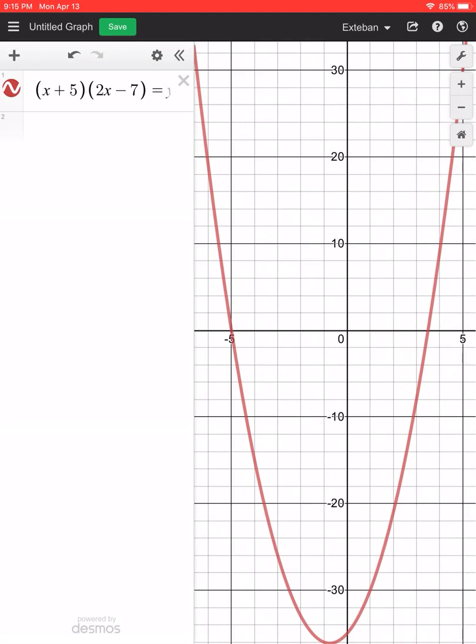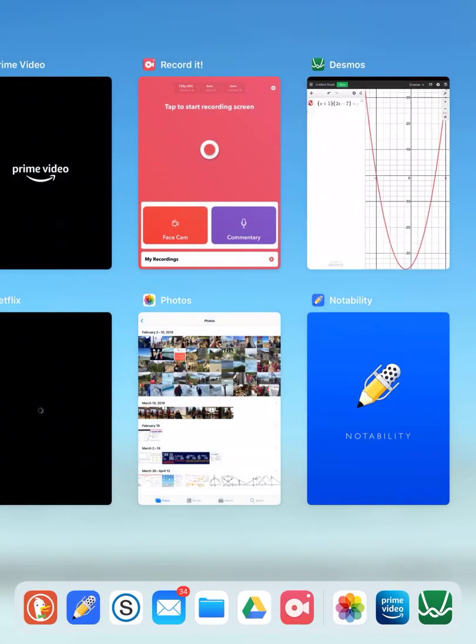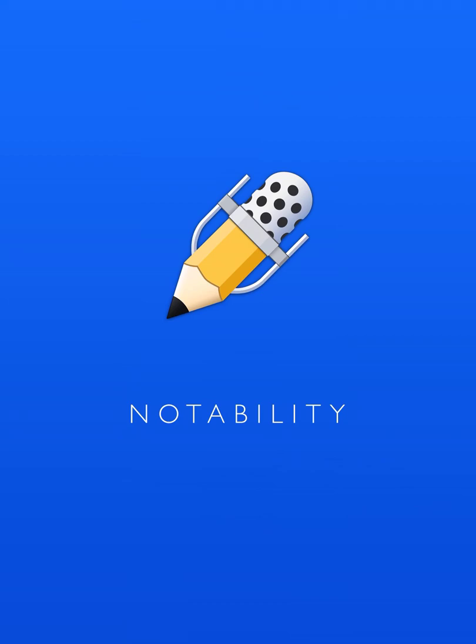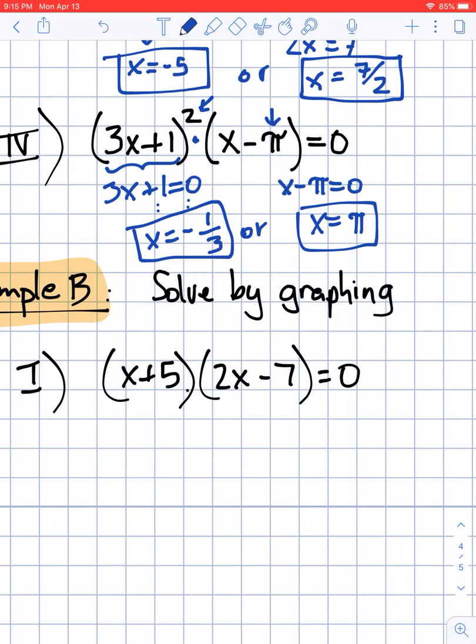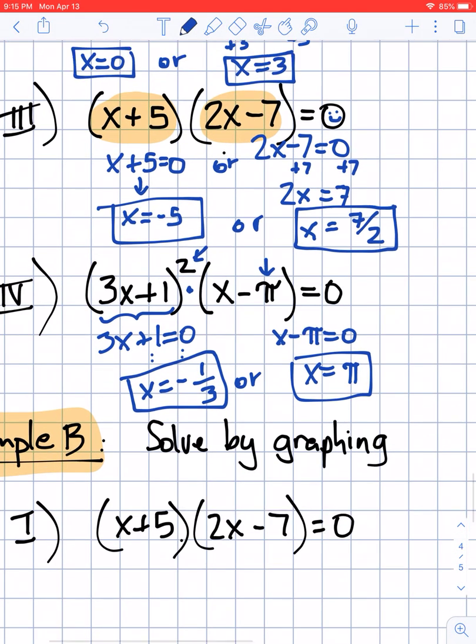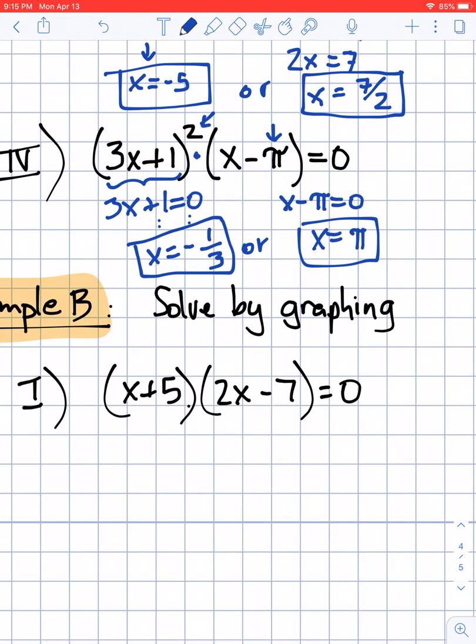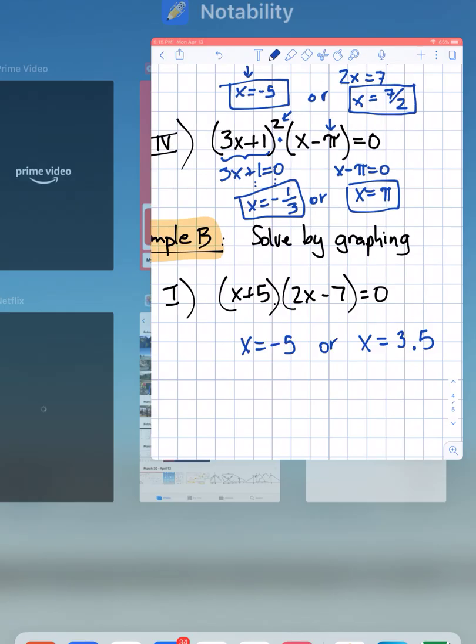If you'll notice, we solved this problem already back in problem 3. So we know the answers: x equals -5 or x equals 7/2, aka 3.5. And what I want to do is show you where on the graph those answers are.